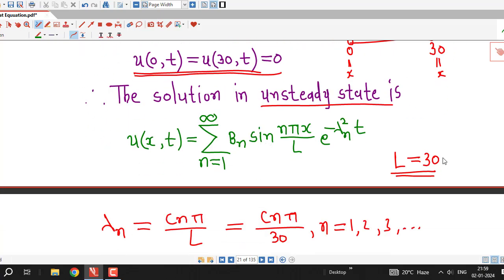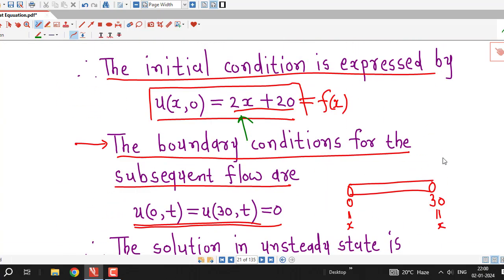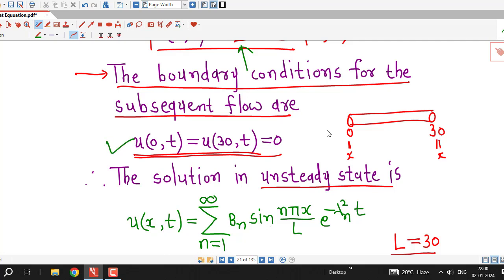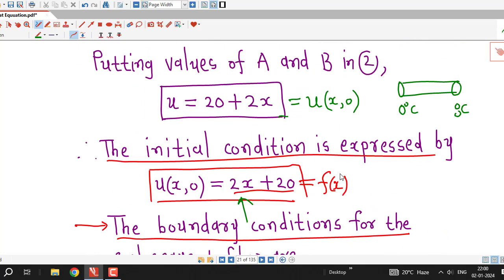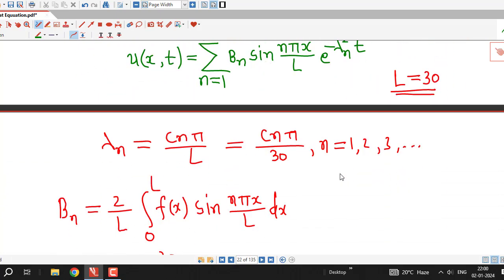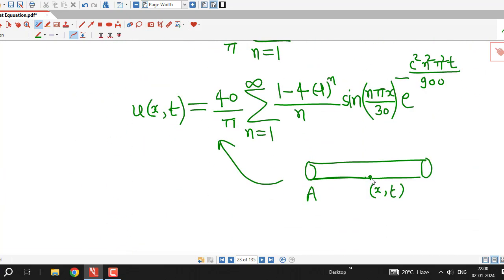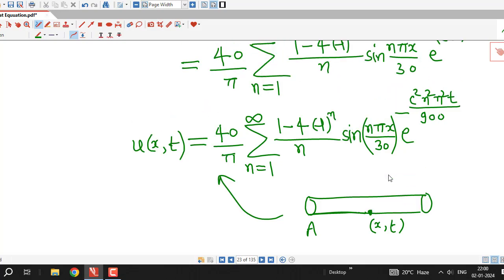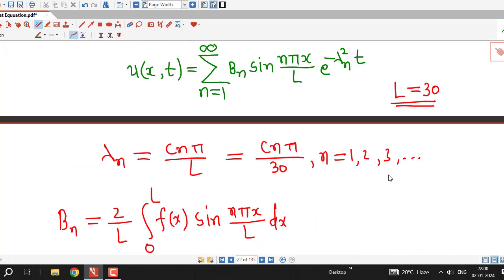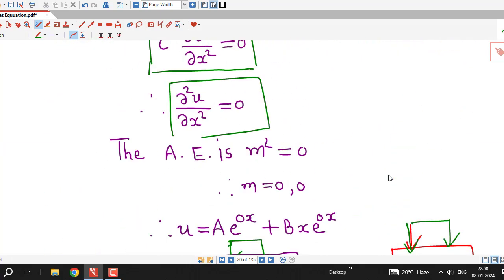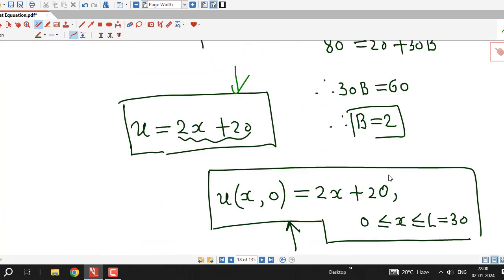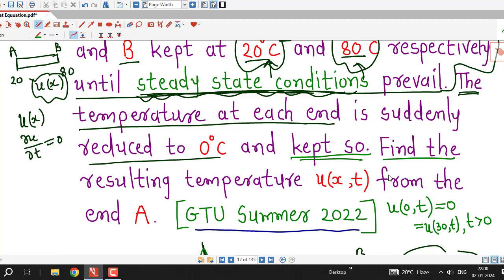Therefore during the unsteady state situation the boundary conditions become temperature 0 at both the end points, and using these two boundary conditions and this initial condition we are able to determine the temperature at any point x and at any time t on the metal bar. So this is a very nice question, and it was asked in the GTU exam a single time. Generally they are not asking this type of question, but it was asked in the GTU Summer 2020 exam.